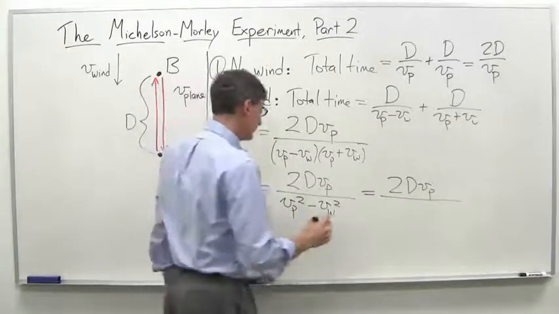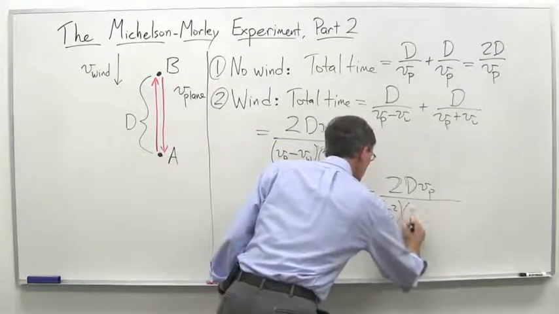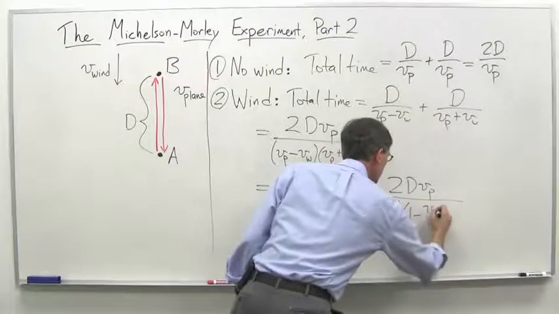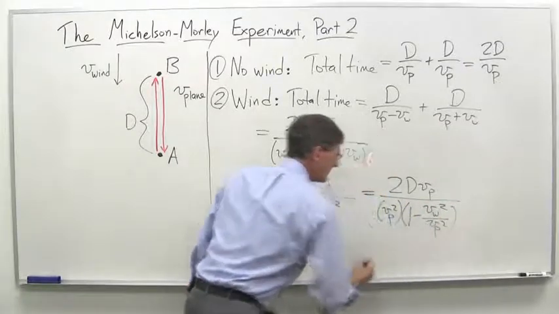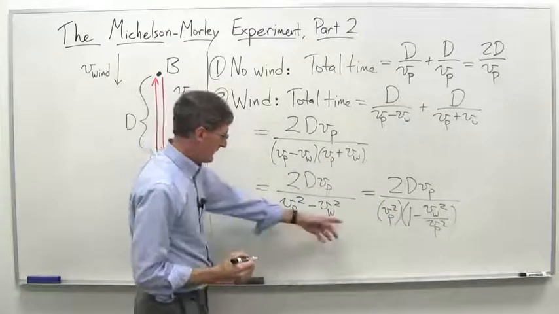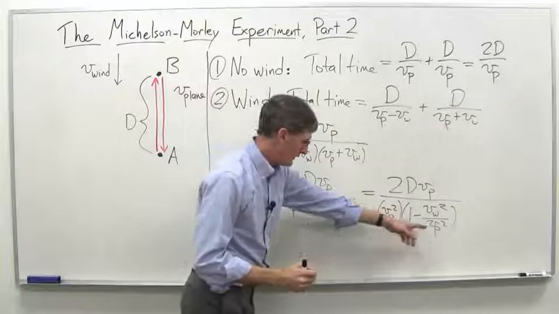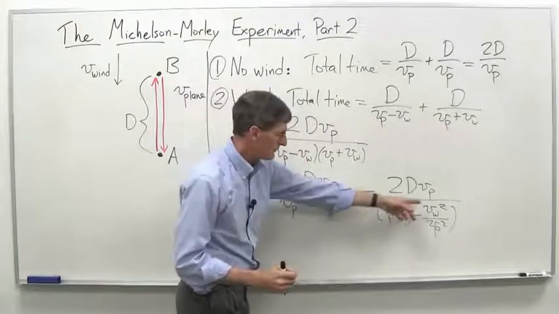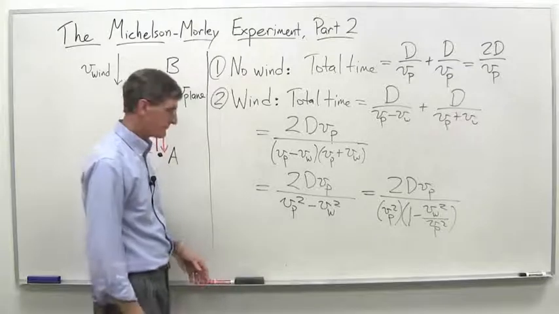But on the bottom, we're going to write this as Vp squared times 1 minus Vw squared over Vp squared. I just pulled out the Vp squared term here, so that gives me the 1 there, and on the other term, Vp squared times that would give me the Vw squared again, so they're identical, they're equal.